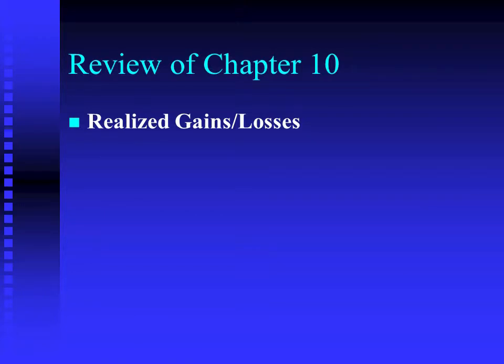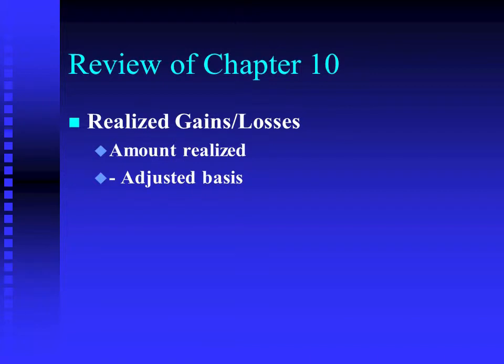So in Chapter 10, we dealt with realized gains and losses. All right, and we determined that the amount realized was any money you got, the fair market value of any property you received, the fair market value of any services you received, and any debt relief. Right? And we also very briefly discussed adjusted basis.